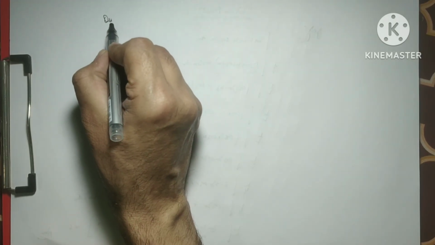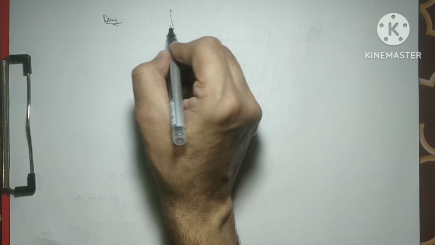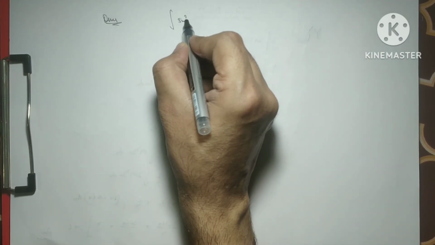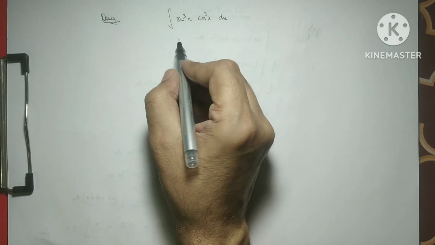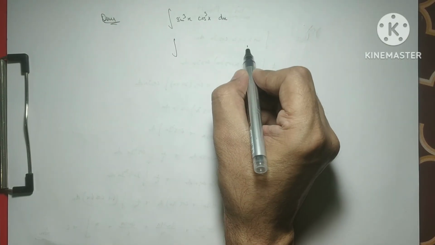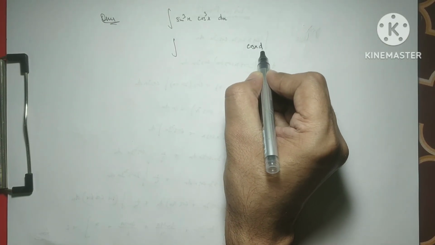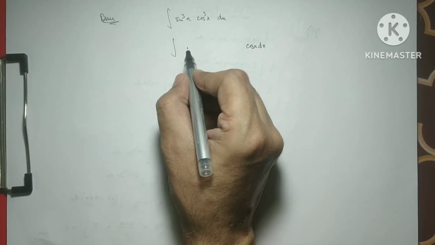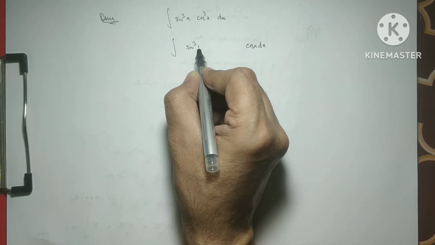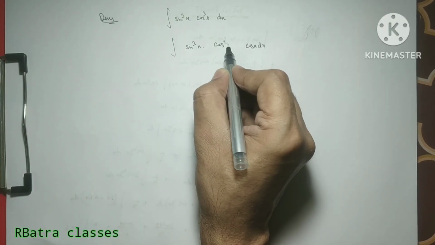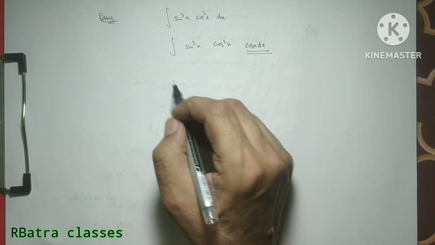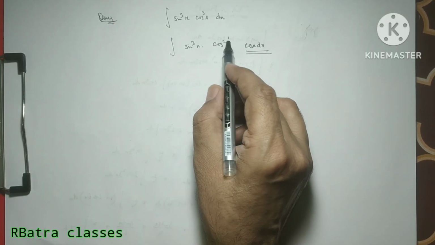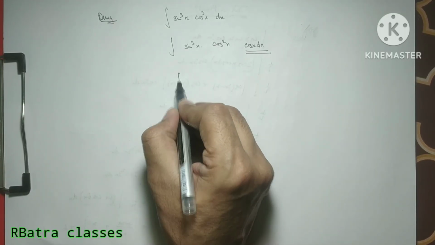Now we have a question. It is integration of sine cube x and cos cube x. So we extract a cos from this expression. Right now we have sine cube x and cos square x. If we extract cos in this type of expression, then the remaining expression should be in terms of sine.